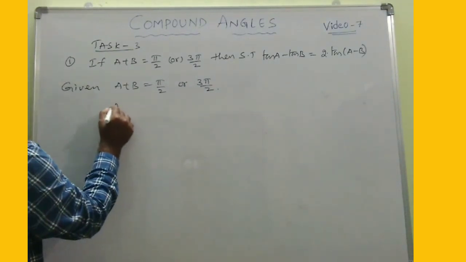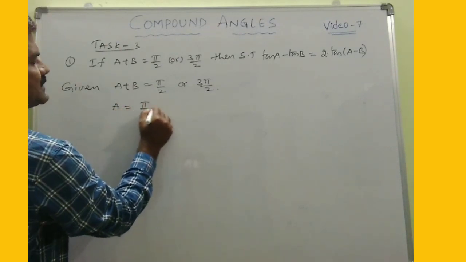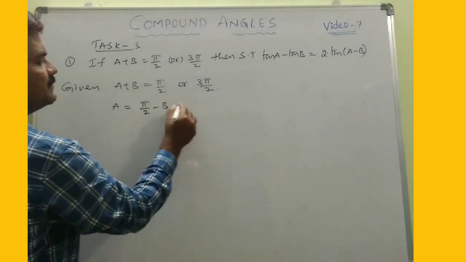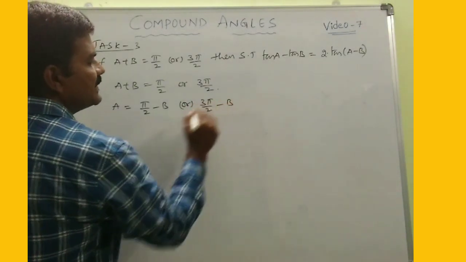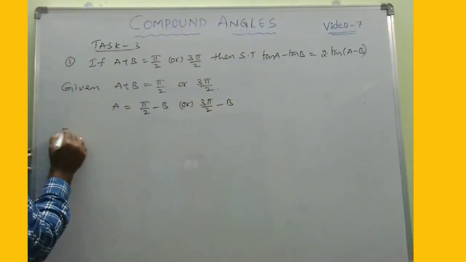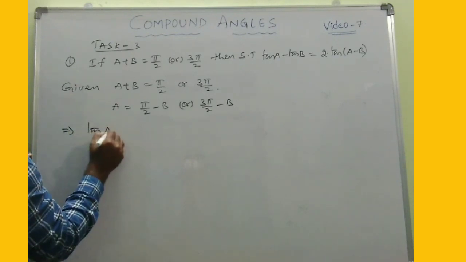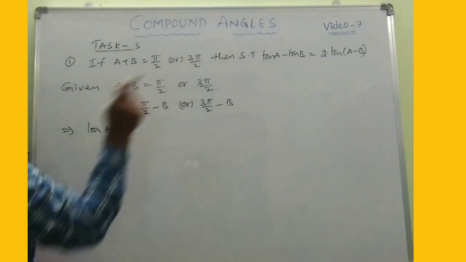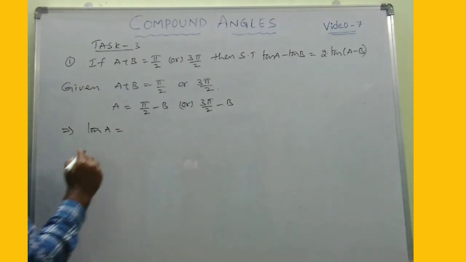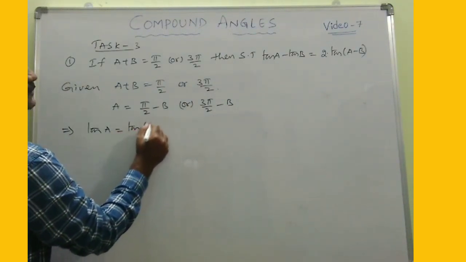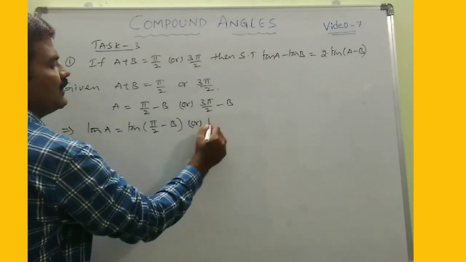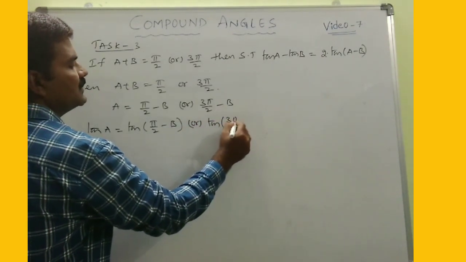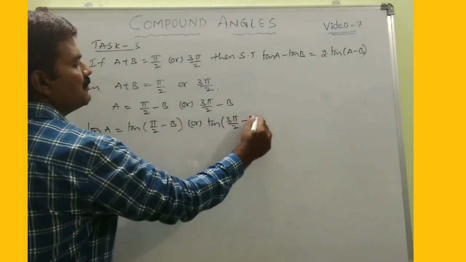You know, a is equals to, I can say, 90 minus b, if not 3 into pi by 2 minus b. So now let me apply tan ratio on both sides, because the question is involving tan. Then tan a is equals to tan of 90 minus b or tan of 3 into pi by 2 minus b.